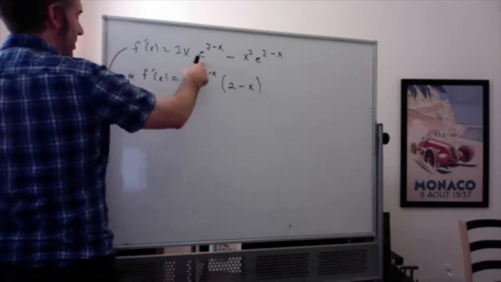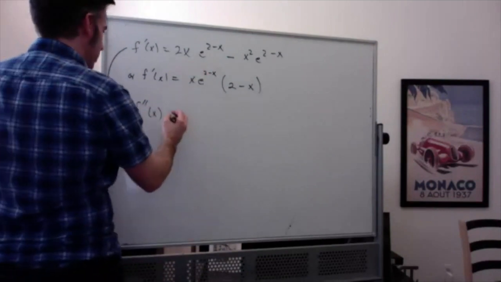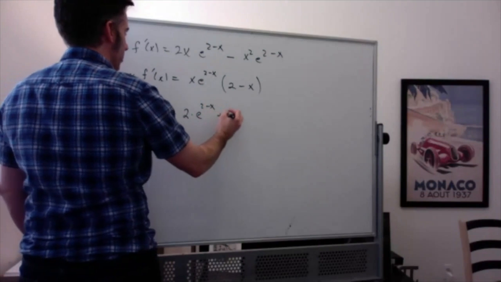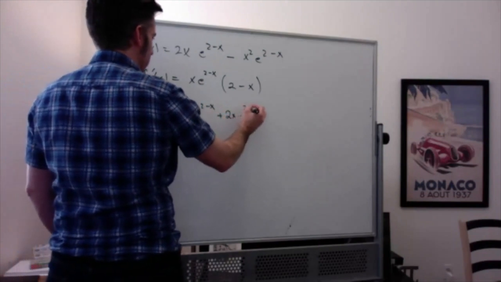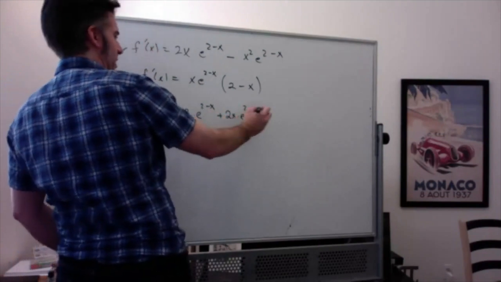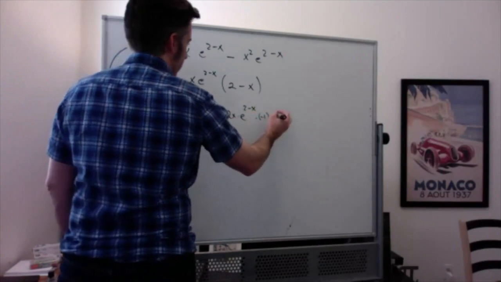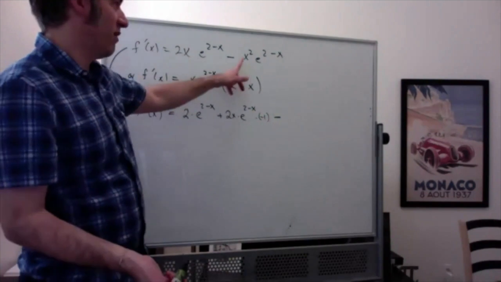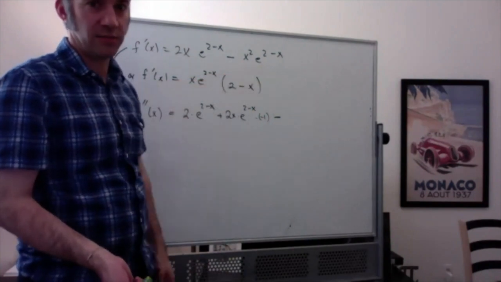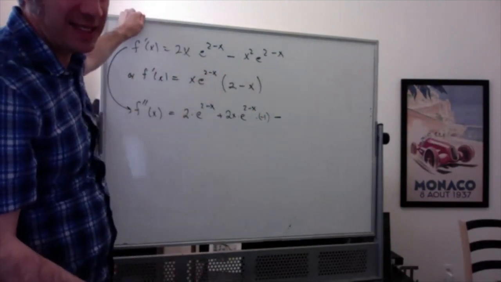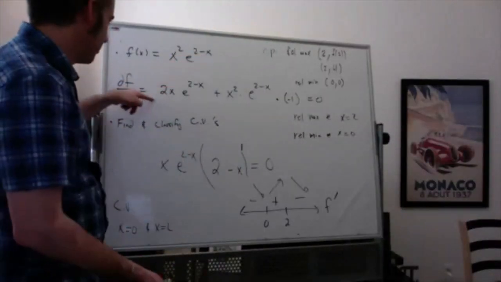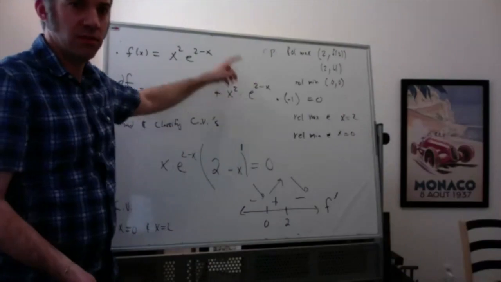So taking the second derivative, well, there is something that's going to make it easier, I think. So the derivative of 2x e to the 2 minus x, I'm going to use the product rule. So I'm going to get 2 times e to the 2 minus x plus 2x times e to the 2 minus x times the derivative of 2 minus x, which is negative 1. And here's the part that I think is easier. Now we're going to take the derivative of x squared times e to the 2 minus x. We already did that. The derivative of x squared times e to the 2 minus x is f prime.